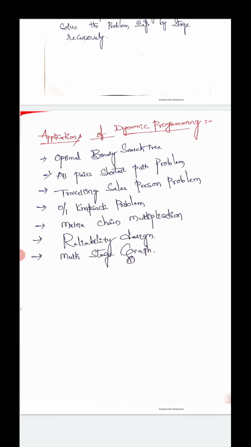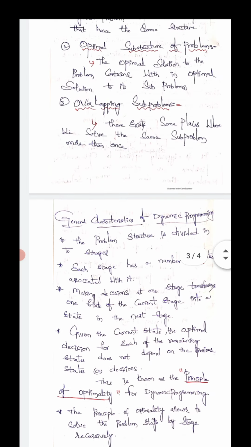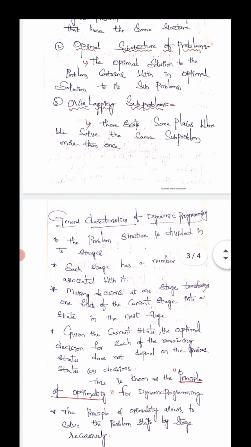This is the main concept of dynamic programming, and we need to study the elements and characteristics of dynamic programming. The first one is simple substructure, and the second is optimal substructure of the problem. The third is overlapping subproblems: more than once we need to solve the same subproblem.